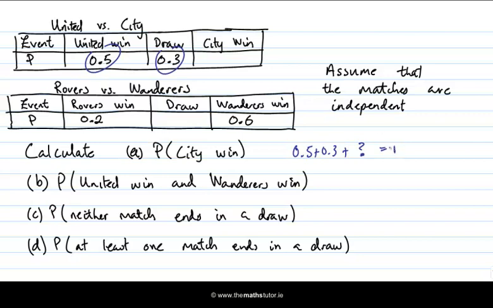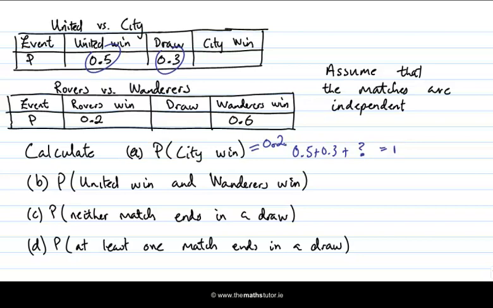And now I can solve that equation pretty quickly and see that this question mark here has to be 0.2. So the answer here is 0.2. The probability of a City win is 0.2. Okay, so that's easy. That just uses the fact that the sum of the probabilities of all the outcomes has to be 1.